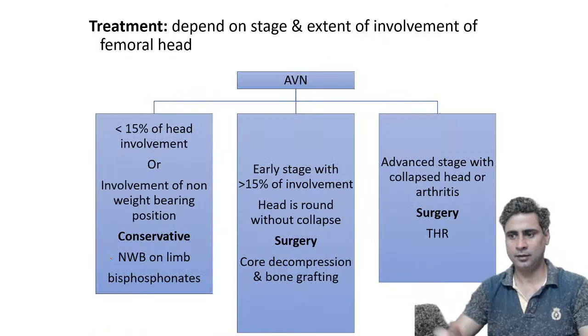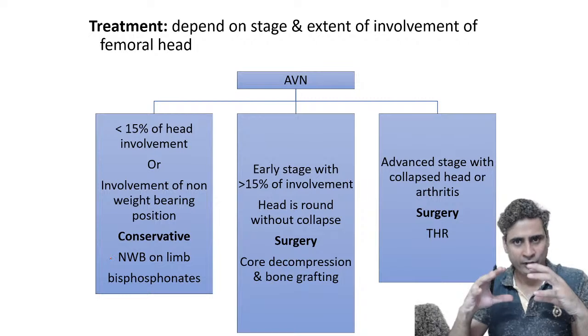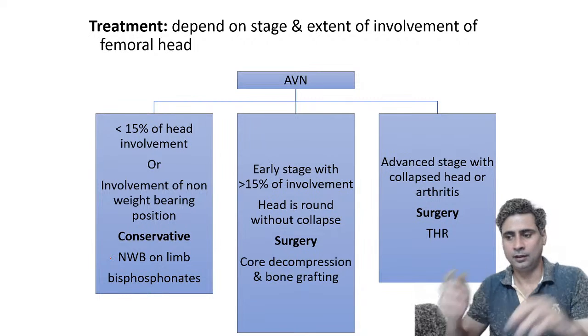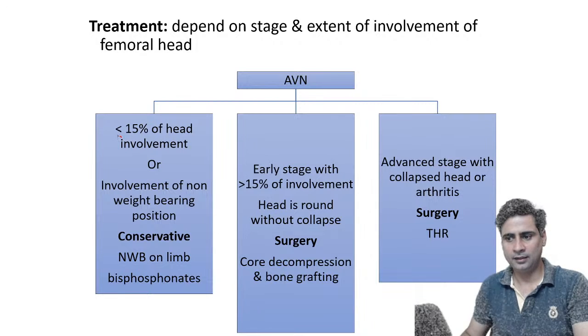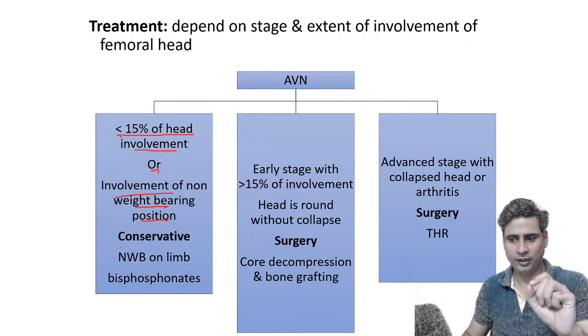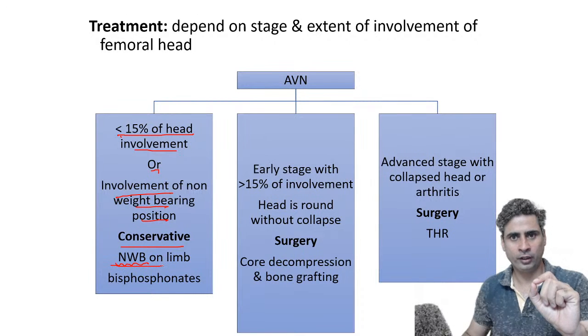Treatment wise, this is the simplest treatment at your level, which you should write down in your university exam. If less than 15% of the head is involved or there is involvement of a non-weight bearing portion, then we can try conservative treatment. We'll give rest, that is non-weight bearing walking on that particular limb, and bisphosphonates.